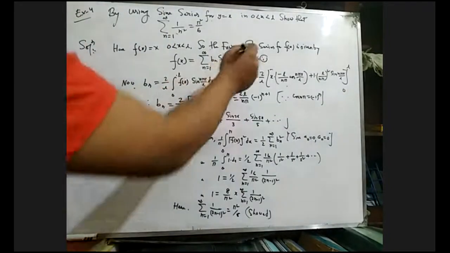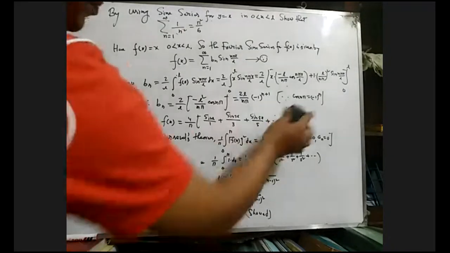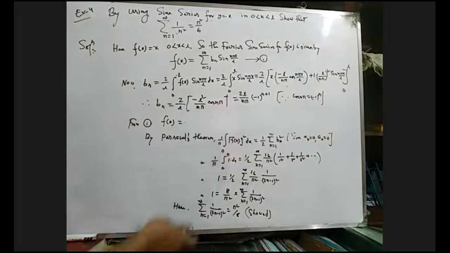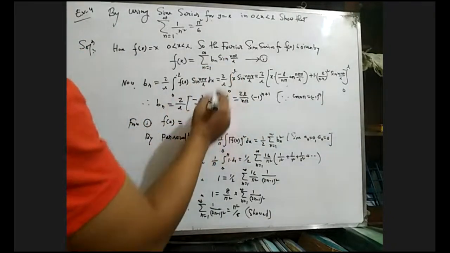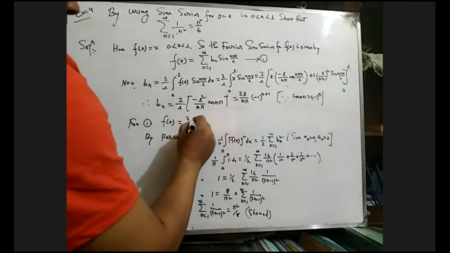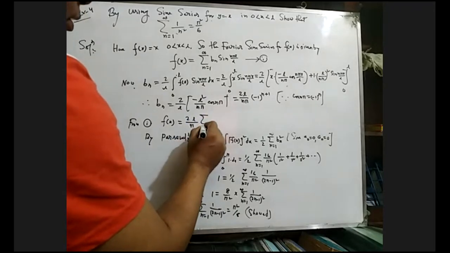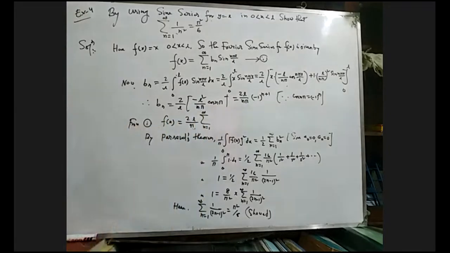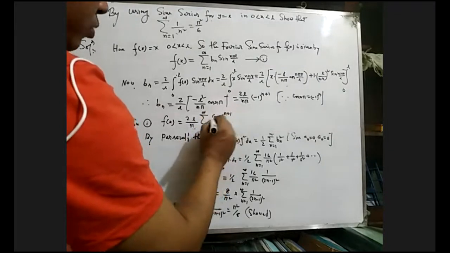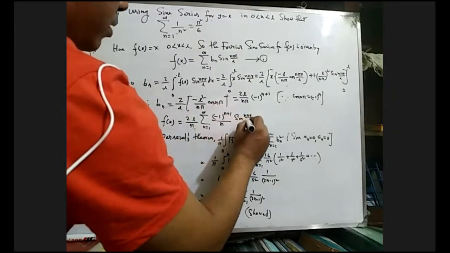So from equation 1, just putting these values, we get what? f of x equals twice L by pi, summation n equals 1 to infinity, minus 1 to the power n plus 1 divided by n, and sine n pi x by L. Okay.